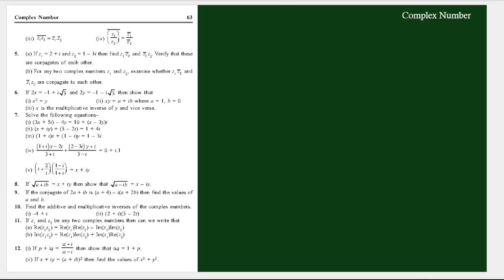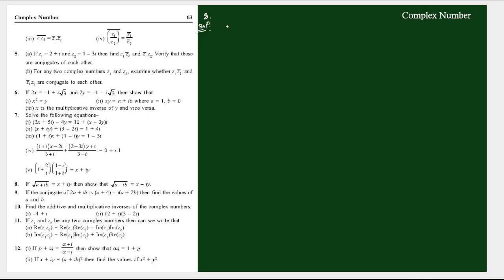Okay, so let's do question number 8. So if a plus ib is equal to x plus iy, then we need to show that root over a minus ib is equal to x minus iy.